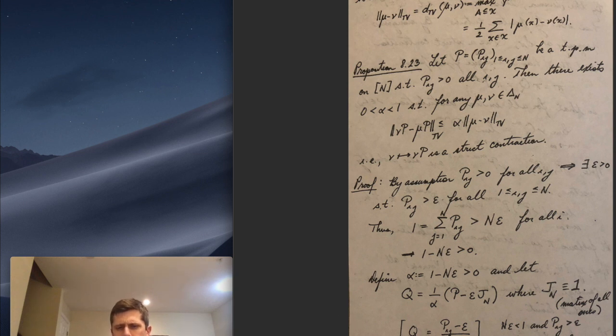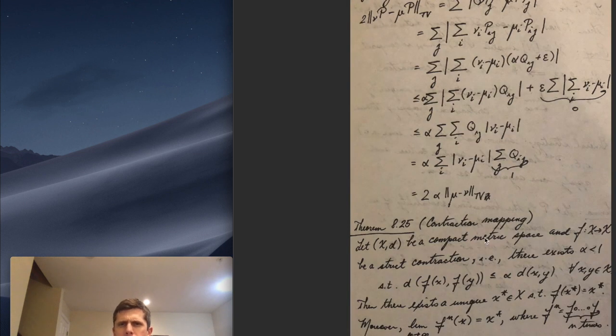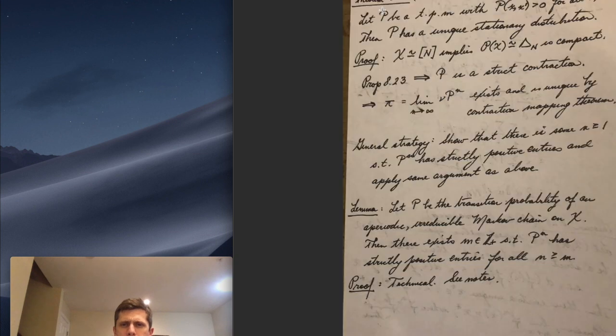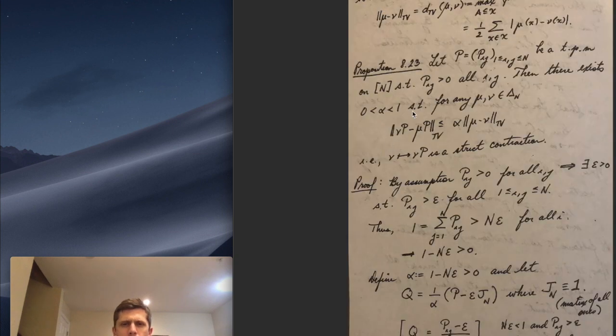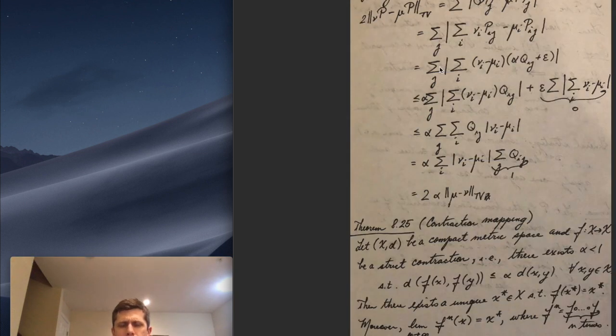So we have shown that Q is a stochastic matrix. Now what we need to show is that the relationship that we want to prove holds, and the fact that Q is stochastic will come into play. This is really just a little bit of basic arithmetic, where we have the definition of the total variation distance.